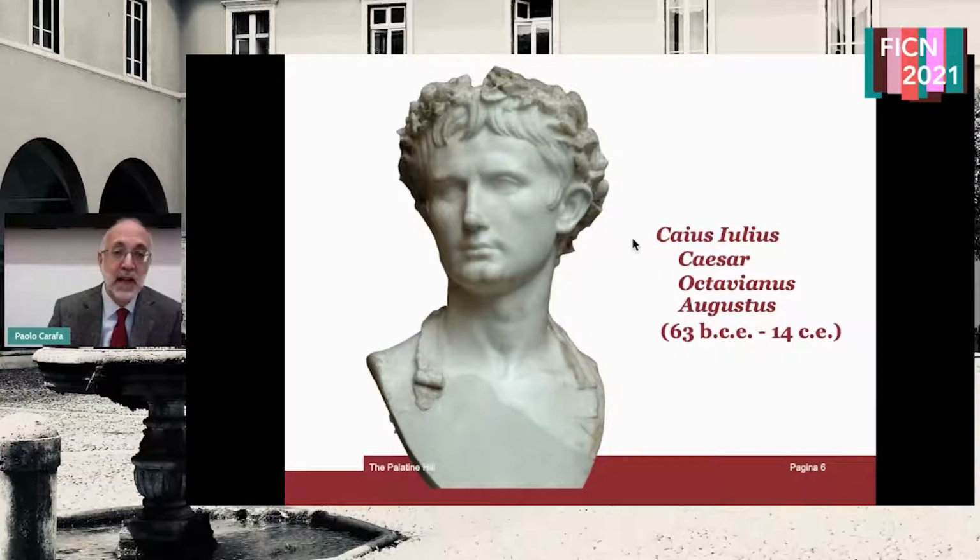When he was still very young, he was adopted by Julius Caesar, and he had to change his name to Caius Julius Caesar Octavianus. When he became emperor, the Roman senators decided to call him Augustus, which means a grown-up man in the sense of majesty and power.